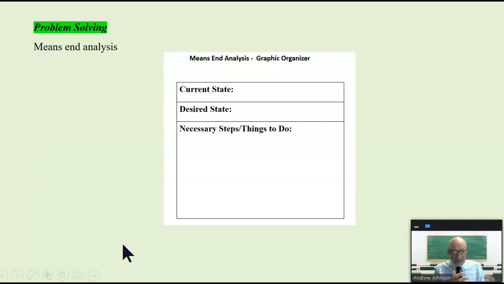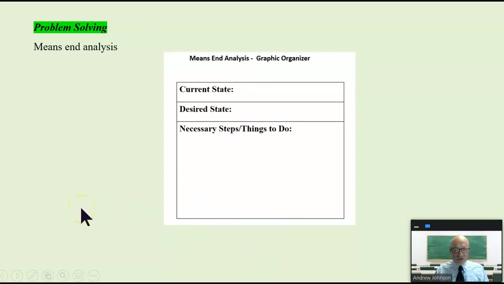So, how to expand pedagogical knowledge? Well, one use is for problem solving. And we used means end analysis. And here's a graphic organizer I use with students. They identify the current state, the desired state, and then they begin listing necessary things to do.